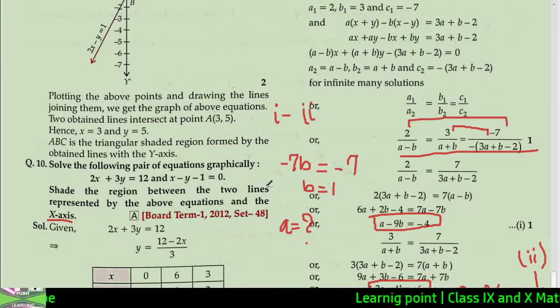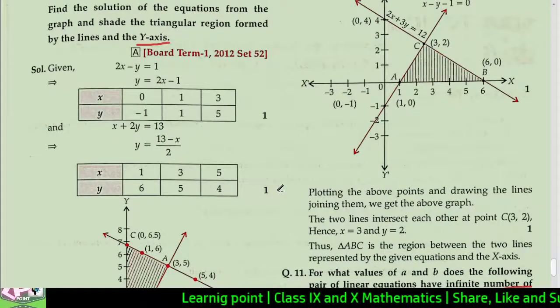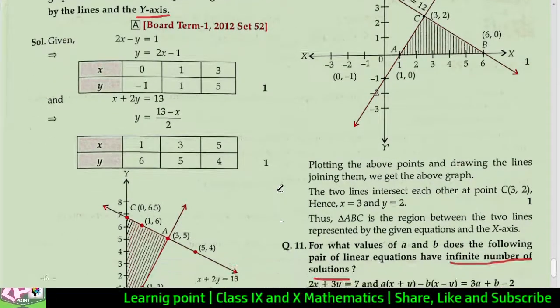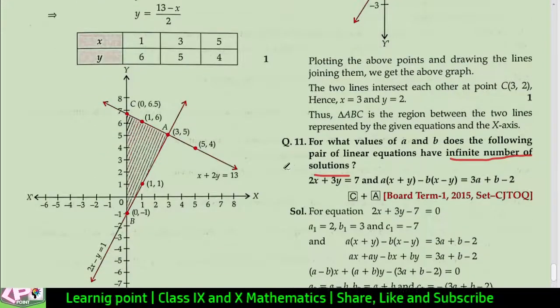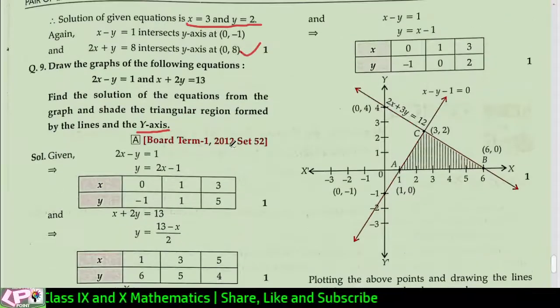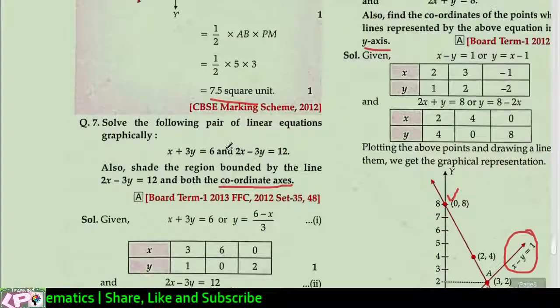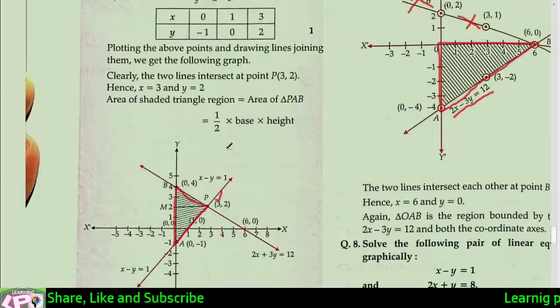Problems based on the graphical method: you need to write down all the graphical questions that I have discussed with you, only graphical. Question number 11 is not needed. Whatever graphical questions I have explained till now, you need to write down all those questions in your notebook, remember.